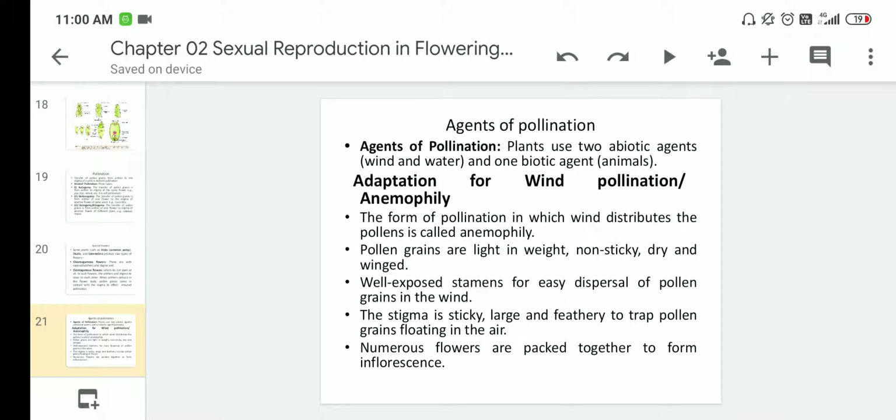All these help them to glide, rather fly, in the wind. They can be easily transported. If they are heavier, they will settle down. If they are lighter, they will move for a longer time in the air. Well exposed stamens for easy dispersal of pollen.